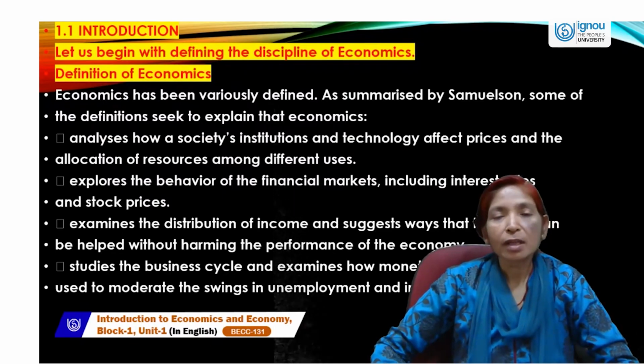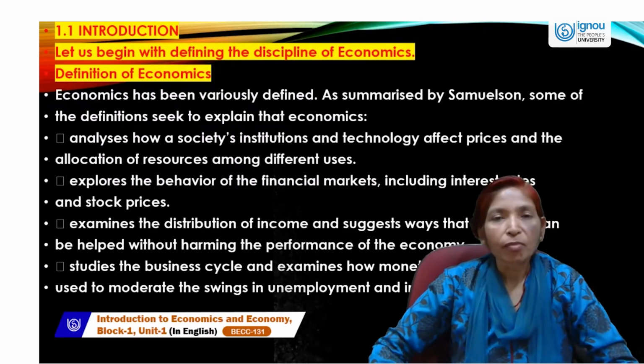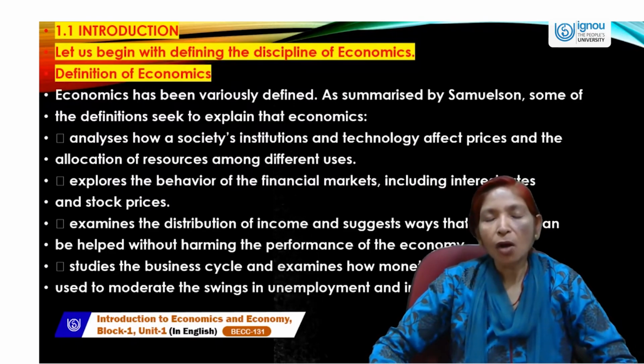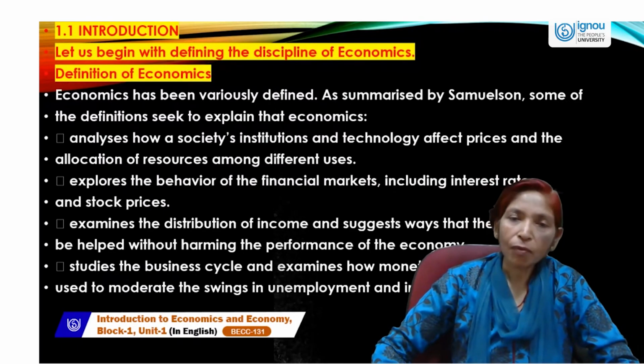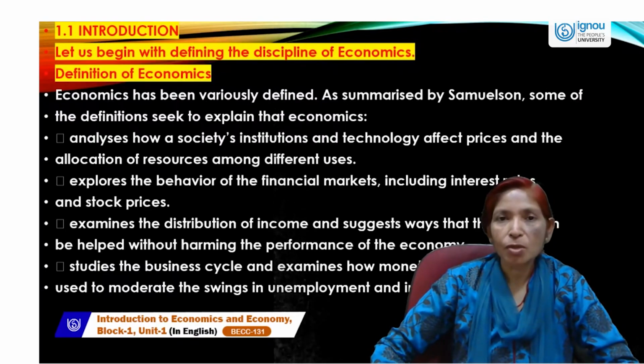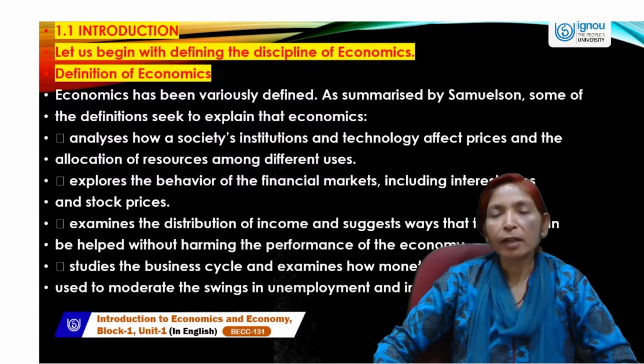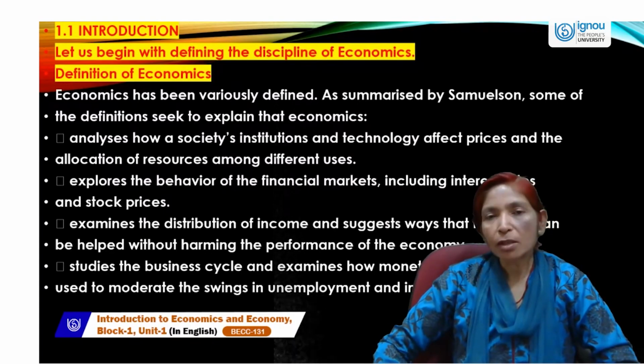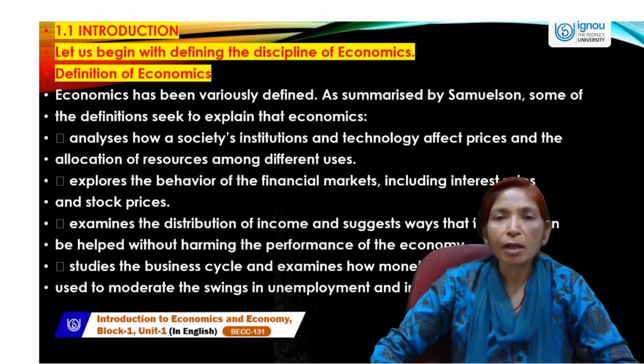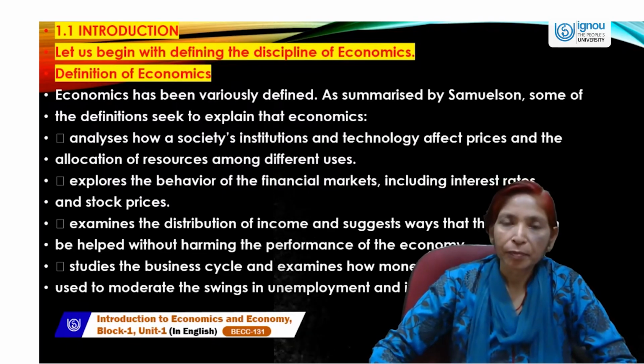In this, we study what money is, how we can earn money, how we can spend money, and how we can generate money. So if we study money and different aspects of money, that is called economics according to Adam Smith.